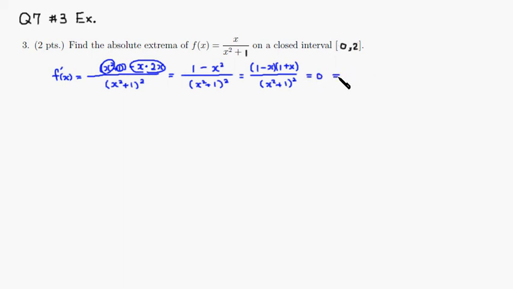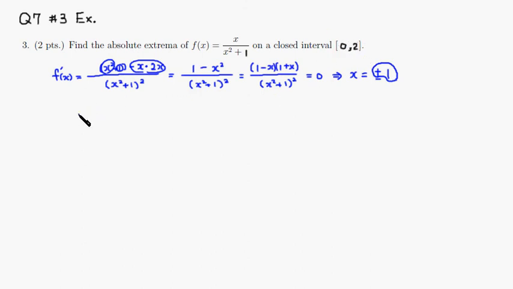So critical number is going to be x equals positive 1 from here and a negative 1. So plus or minus 1. Alright, but since the interval given is from 0 to 2, only critical number relevant would be positive 1, because negative 1 would be outside of this interval, right?